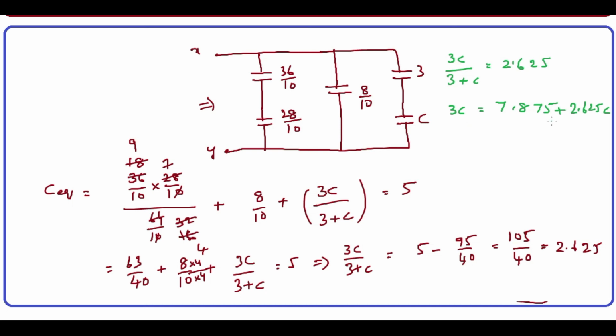So 3C minus 2.625C becomes 0.375C, which is equal to 7.875. If we divide these two, 7.875 divided by 0.375, therefore C is equal to 21. That's all. Very simple concept.